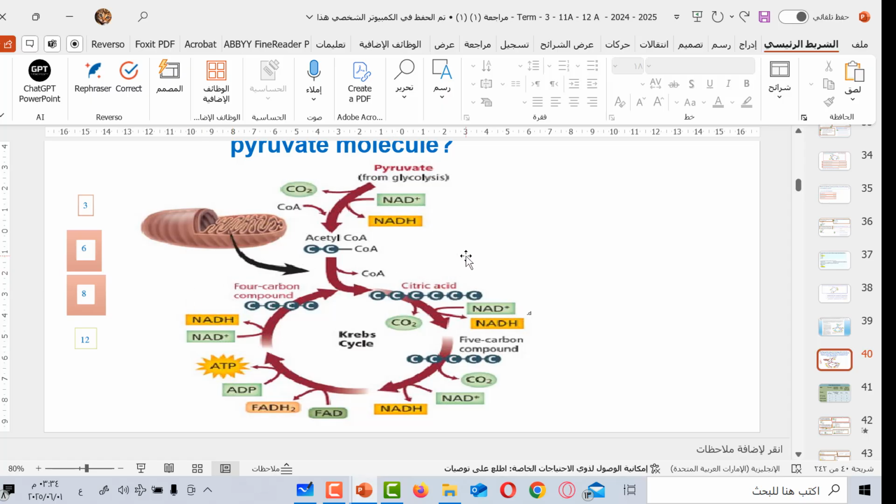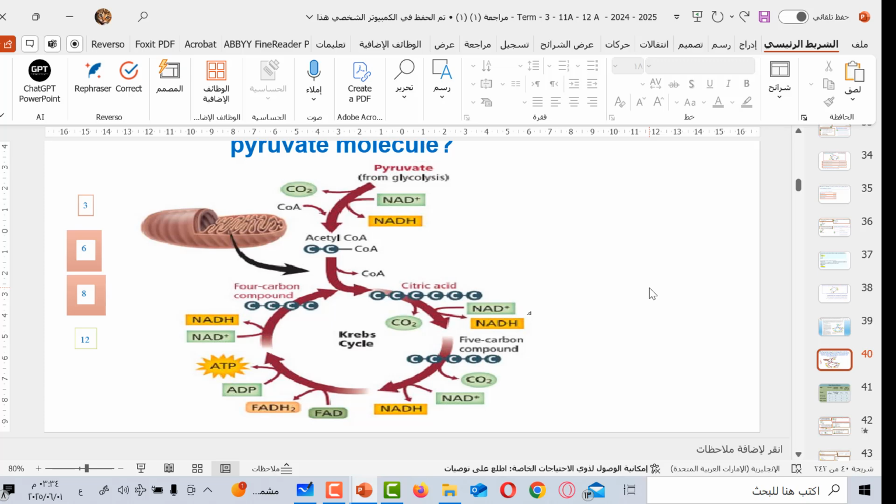But I think he asked about when pyruvate goes this way and after that goes to the last step of cell respiration. Okay, how many ATP? If we count this 1, and this 2, and this 3, and this 4, 4 multiplied by 3 equals 12.